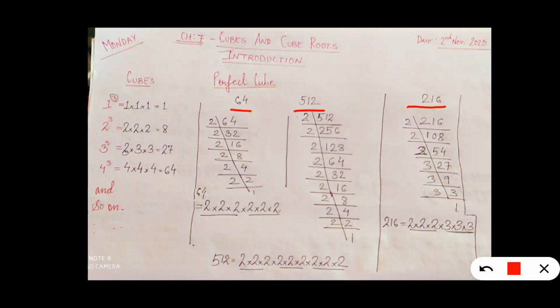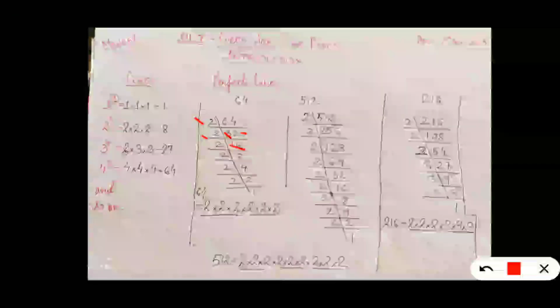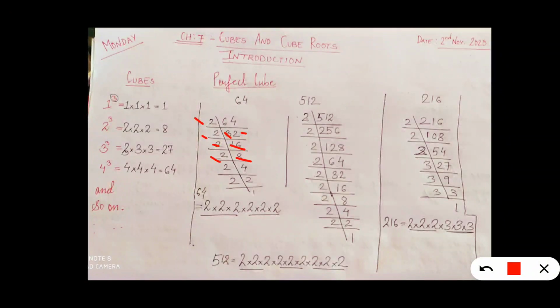So let's do the prime factorization of 64. 2 32's are 64, 2 16's are 32, 2 8's are 16, 2 4's are 8, 2 2's are 4, and 2 1's are 2. You have learned how to do prime factorization in your previous classes.